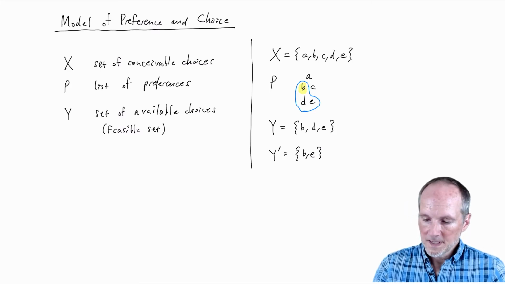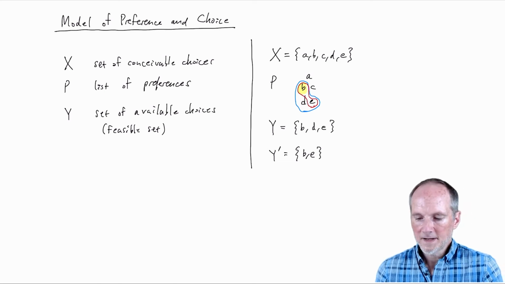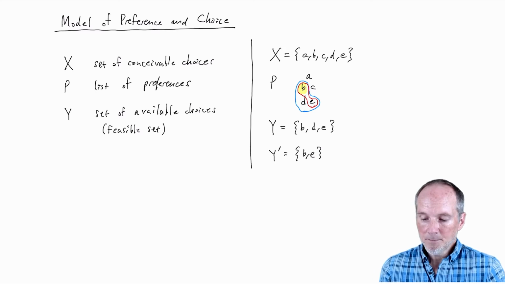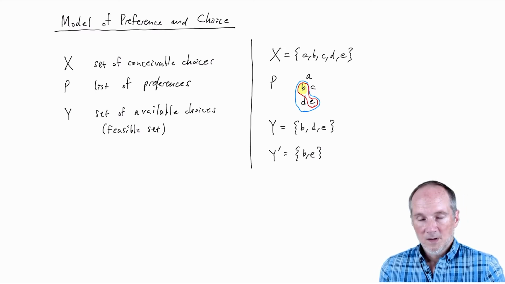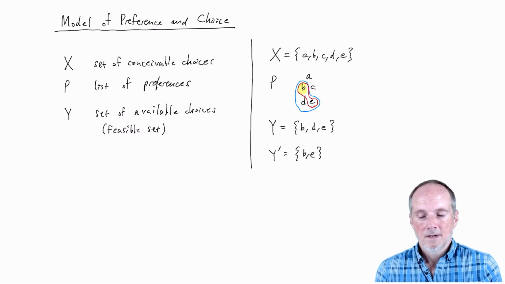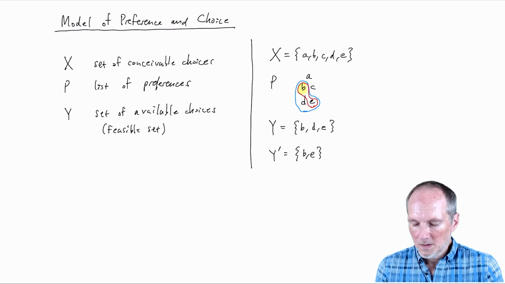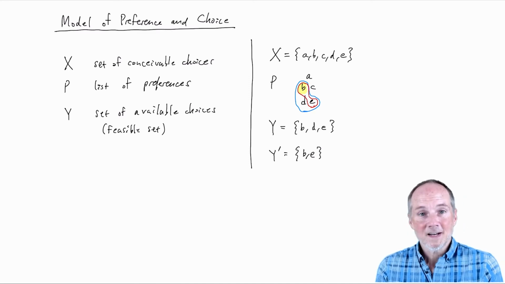All right, so the feasible set goes from this blue to the red, and we can apply the optimality principle again. What happens to this person's choice? Oh, actually, nothing happens. So that's kind of a boring comparative static.